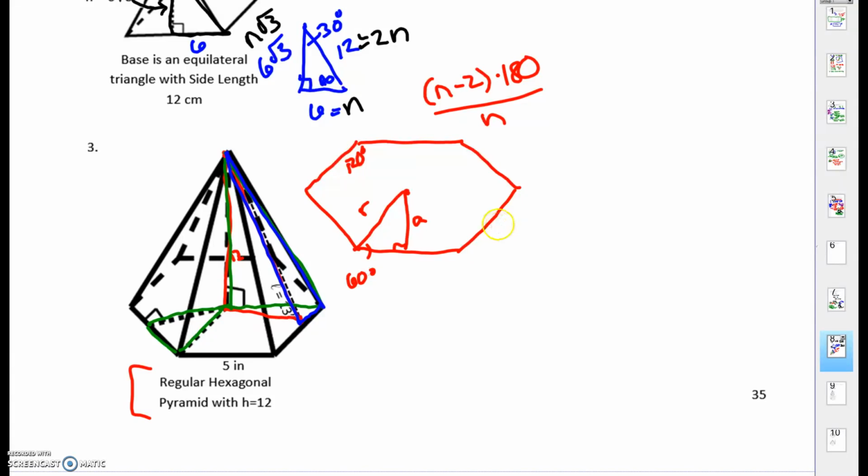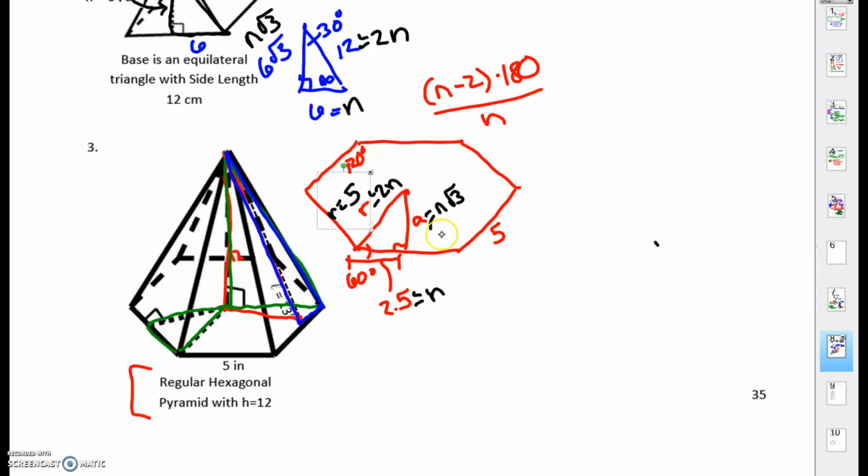If this is a side length of 5, then this little piece right here is 2.5. Well, that's actually my n. The radius is 2n, and the apothem is n square root 3. So my radius is 5, and my apothem is whatever 2.5 times the square root of 3 happens to be. I'm not going to worry about it right now. We'll get there.